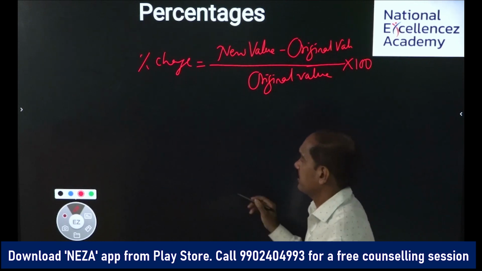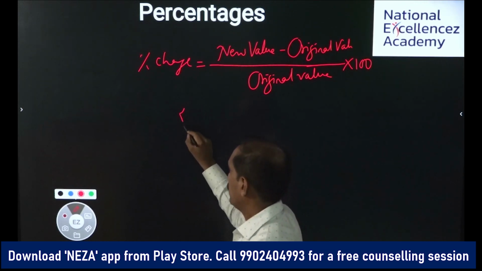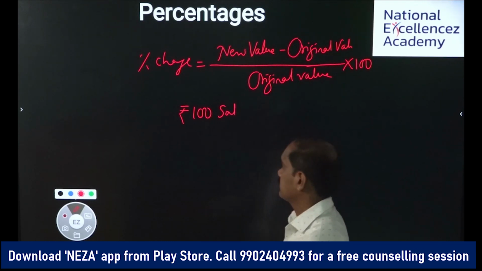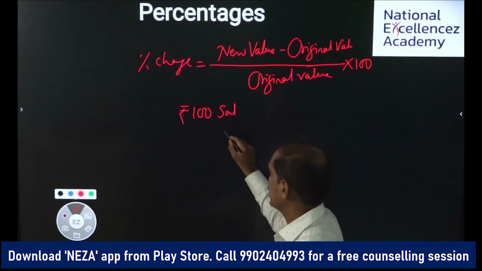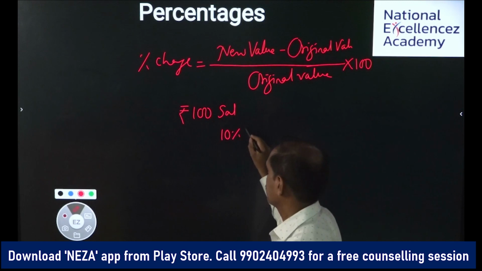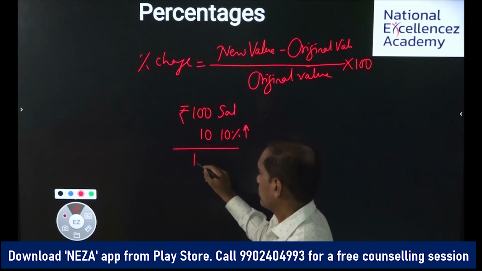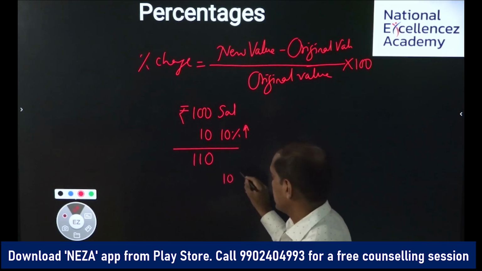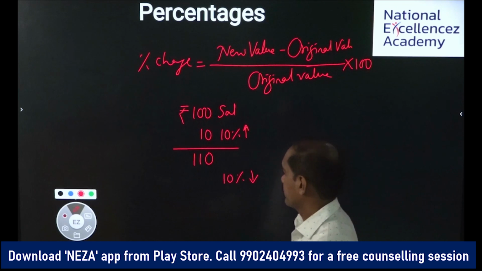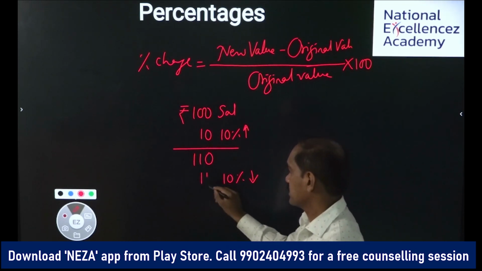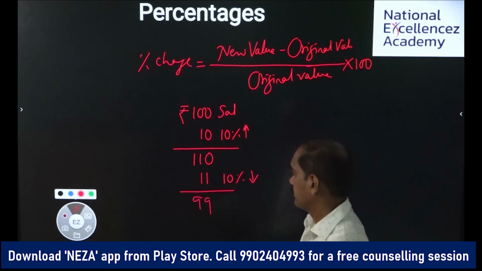I will give an example. An employee's salary, assuming it is 100, is first increased by 10%. Okay, 10% increased, 110. Again it is decreased by 10%. 10% of 110 is 11, so 99.